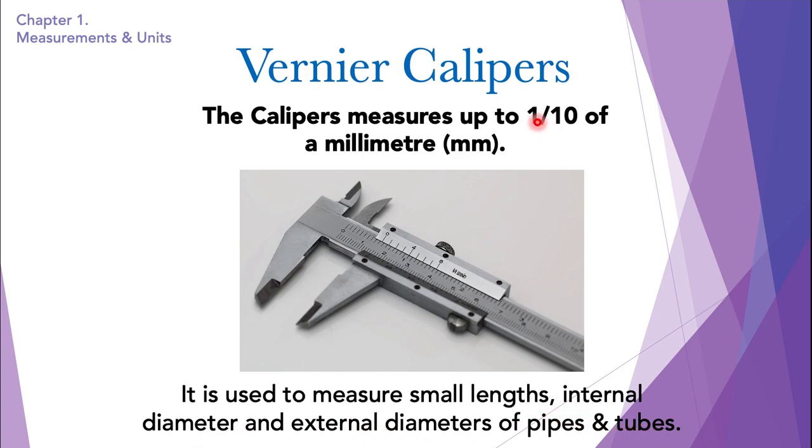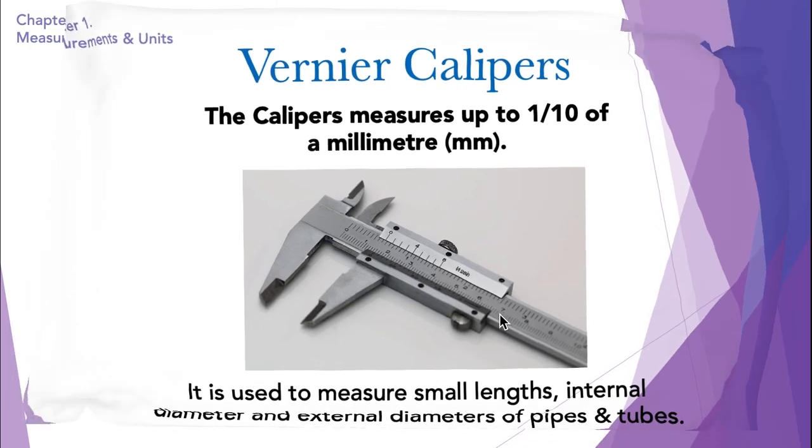Now of course 1/10 of a millimeter is impossible to be measured by a human eye because 1/10 of a millimeter cannot be seen. So that is why a meter rule and tape measure would not be able to measure up to 1/10 of a millimeter. Only the Vernier Calipers can measure this. So let's look into the Vernier Calipers in a more detailed way.